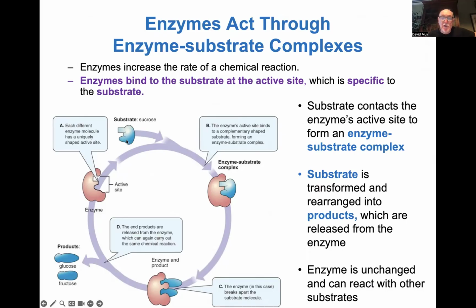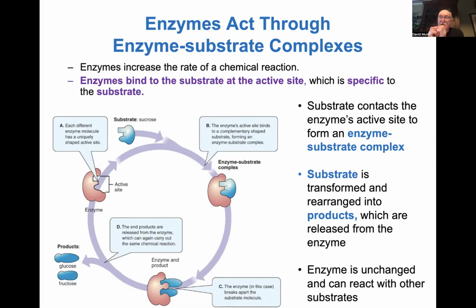In this case, it binds sucrose. The sucrose consists of two molecules, fructose and glucose, joined together. And this enzyme is going to actually split one from the other. In order to do so, it binds it very tightly, but temporarily, into what is called an enzyme substrate complex. And once that occurs, then the enzyme facilitates the breakup of the molecule. Now, in this case, it actually does it physically.